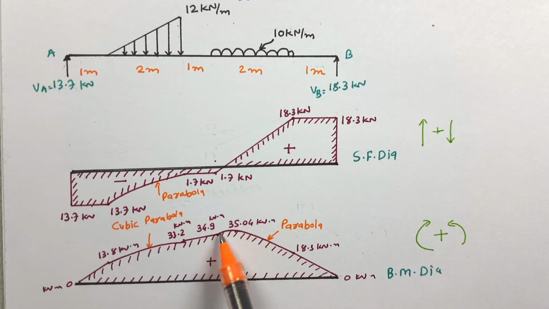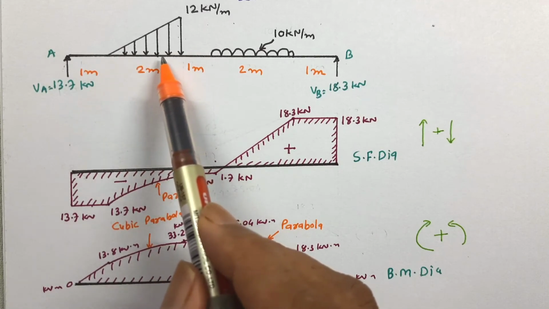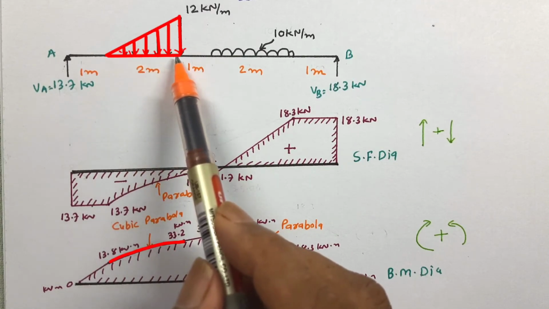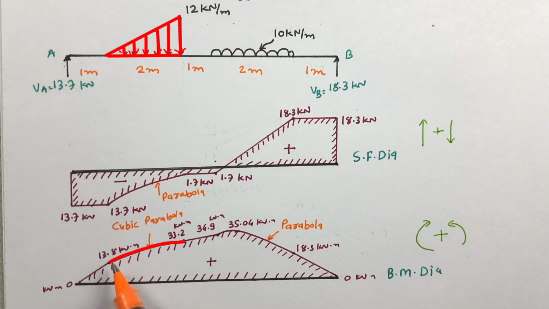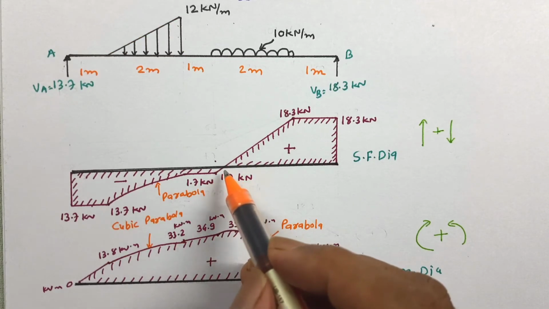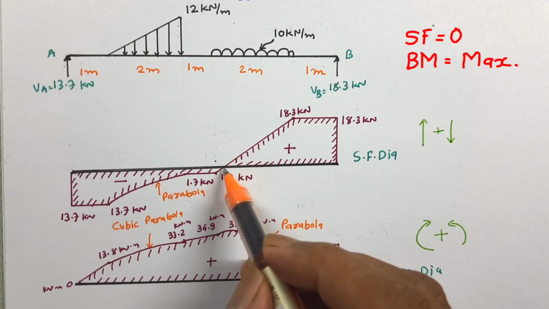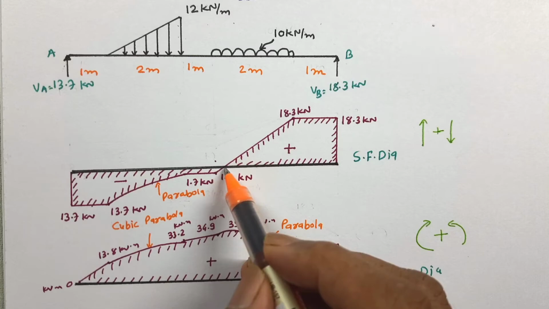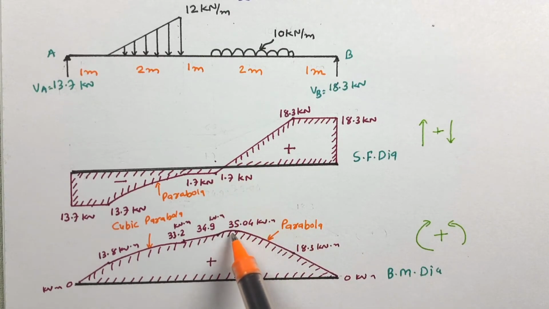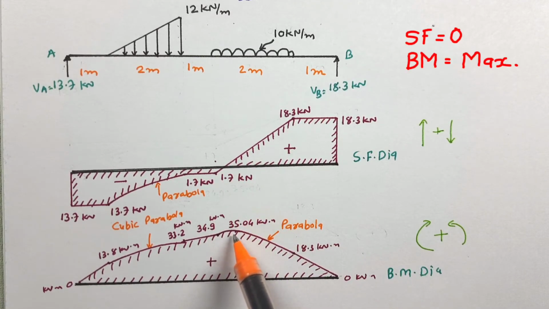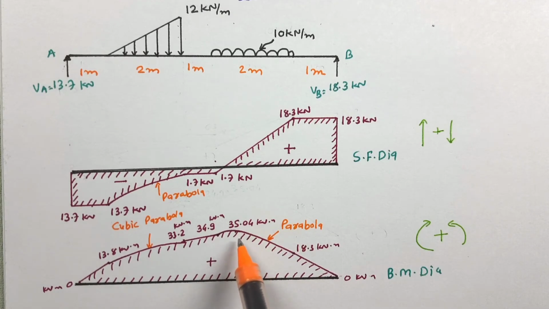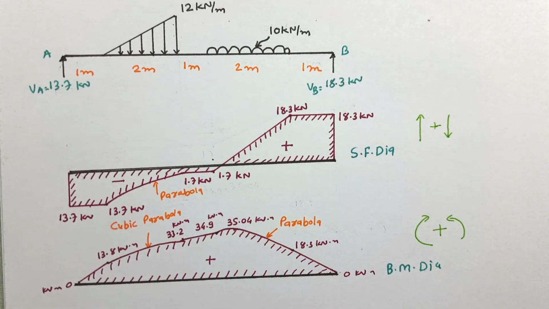In the portion where uniformly varying load is acting, in the bending moment diagram there will be a cubic parabola. And the most important thing is that the point in a beam where shear force is 0, bending moment will always be maximum. So you have to keep all these points in mind while drawing shear force and bending moment diagrams.